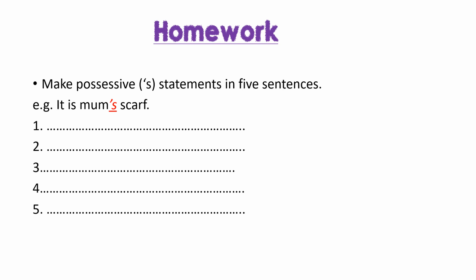You can do anything your own way. You have to complete the possessive statement sentences, for example, it is mom's scarf. So you have to do it at home. This one also, and the school practice you have to do at home too, because your school is right now at your home.